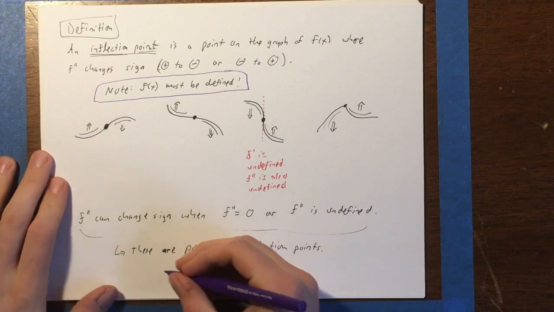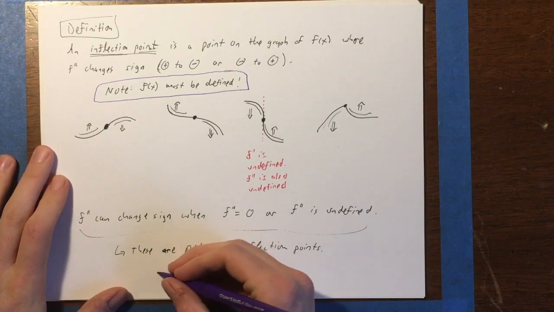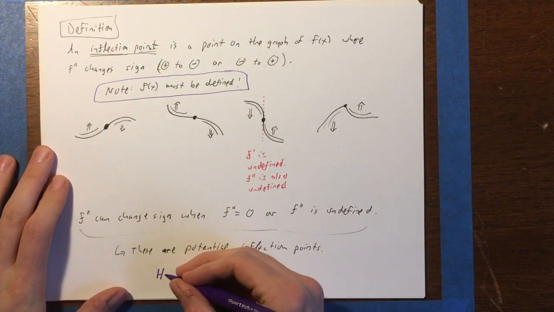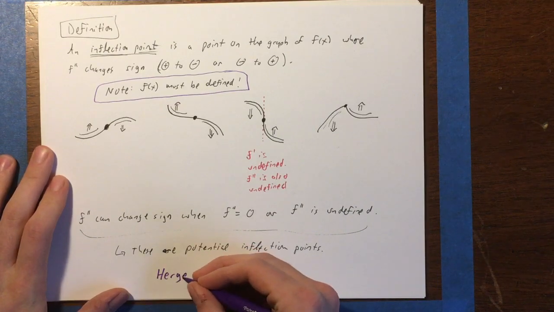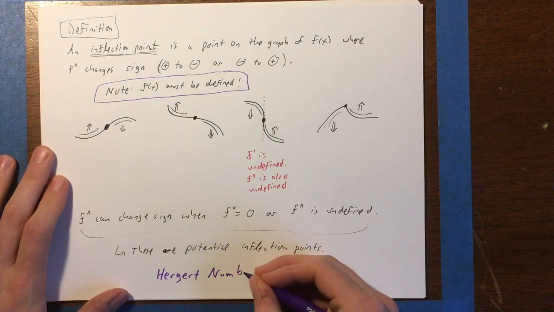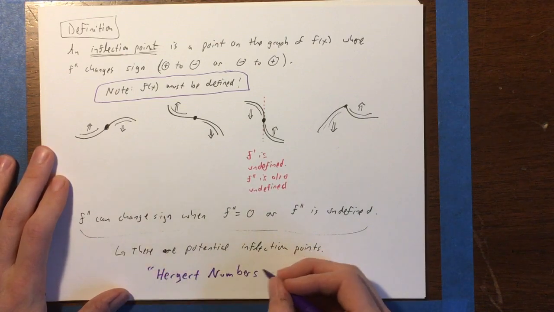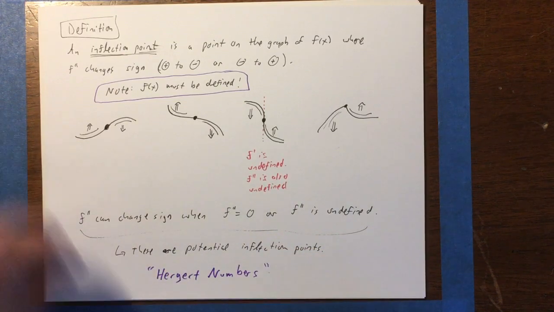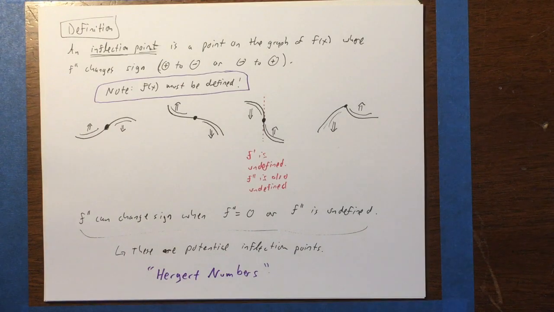So I met a mathematician named Roger Hergert, and Roger Hergert said these should have a name. He gave me his business card, and he was trying to popularize the use of this term. He wanted to name these numbers after himself. So I just think that's delightful. So I sometimes refer to these numbers as Hergert numbers, as per his request.